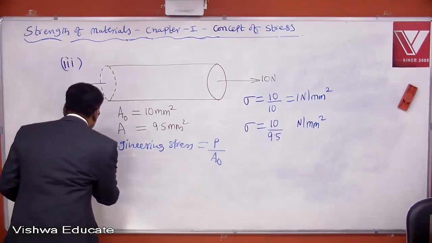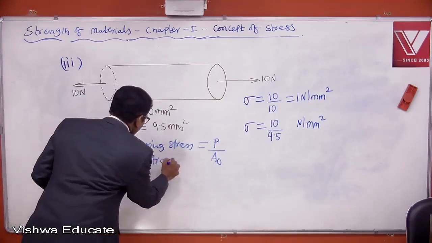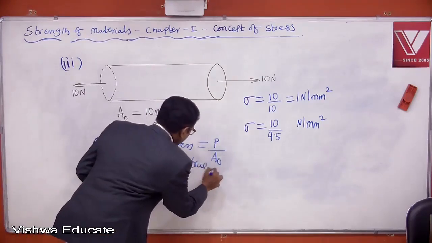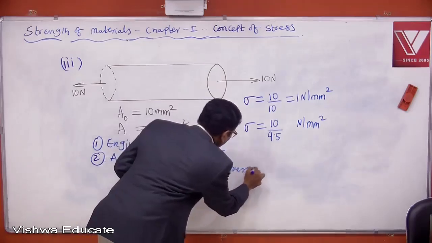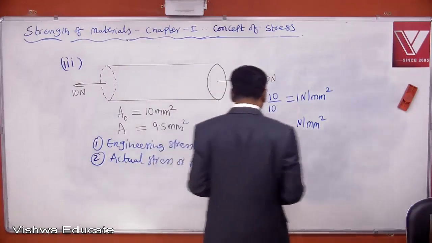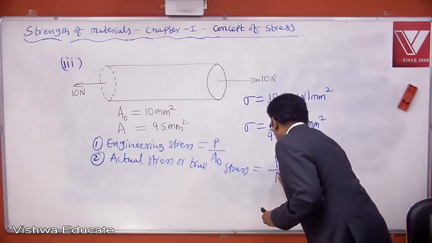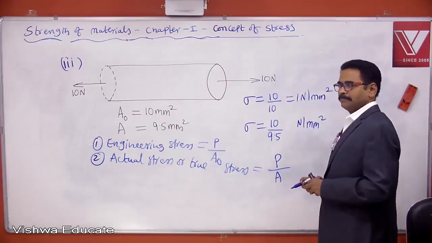But what is actual stress? The actual stress or true stress is equal to the actual force by the actual area of cross section.